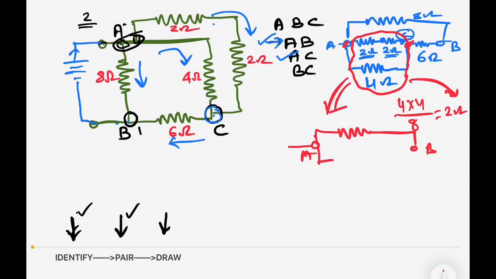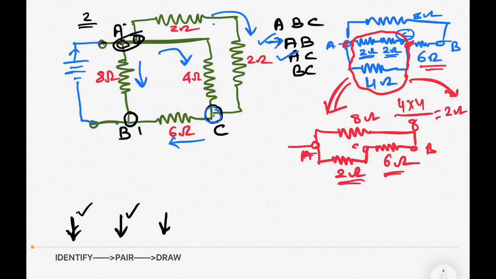Here A and C, this is C, and this has become 2 ohm, and this was 8 ohm already, and the remaining 6 ohm is as it is, we put 6 ohm. So now you see there is 8 ohm, and here the 2 ohm and 6 ohm are in series from A to B, right?